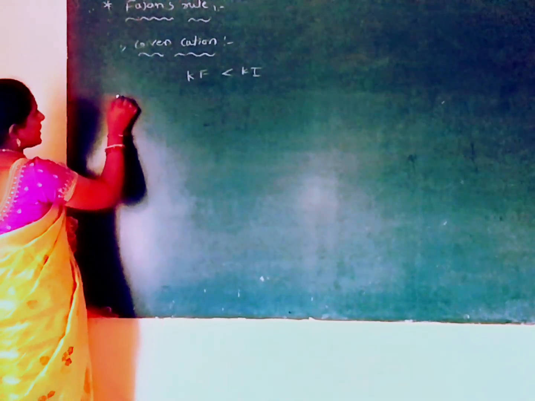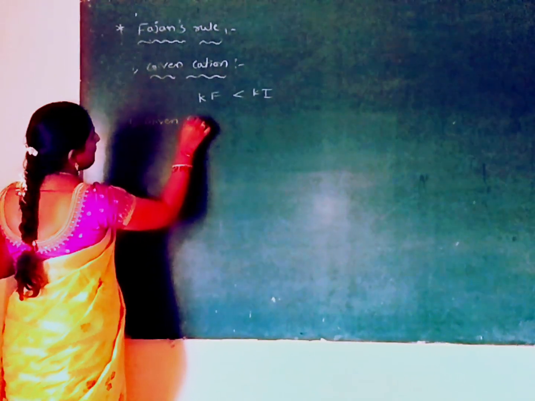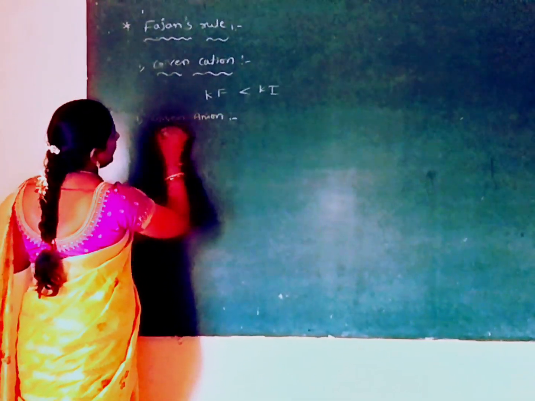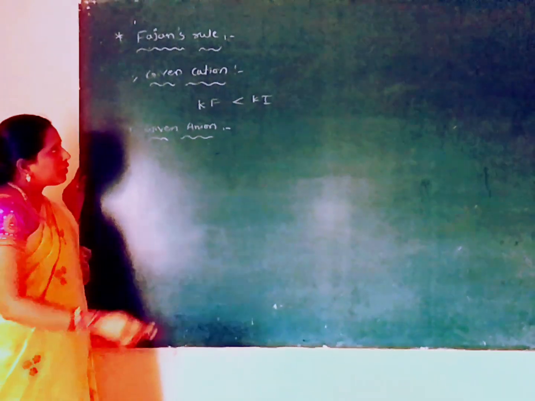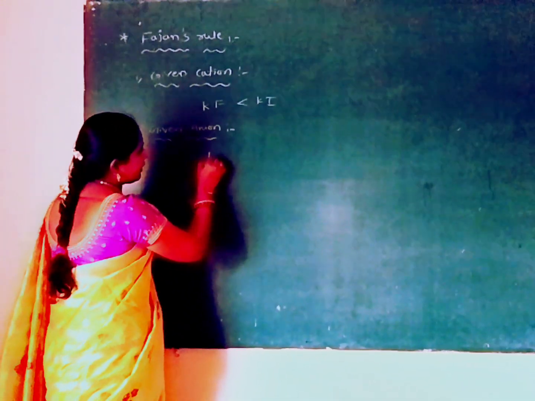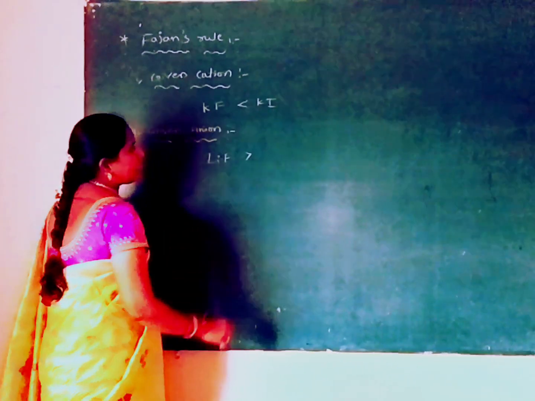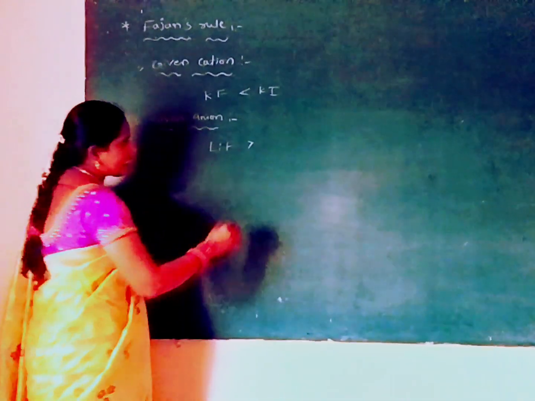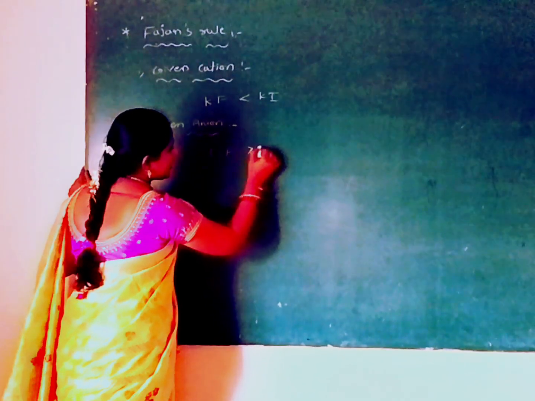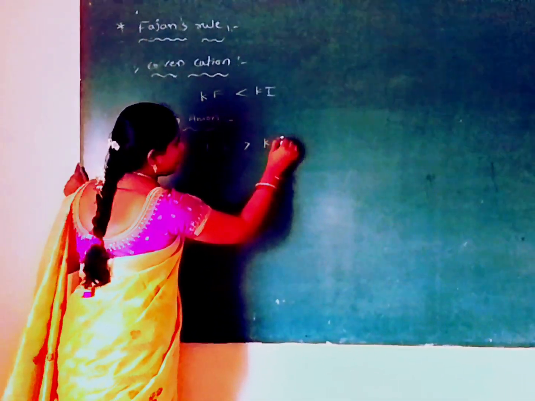This is the first rule, and the second one is for a given anion. Here the anion is constant. For a given anion, covalent character increases with decreasing size of the cation. Here we take lithium fluoride and potassium fluoride.